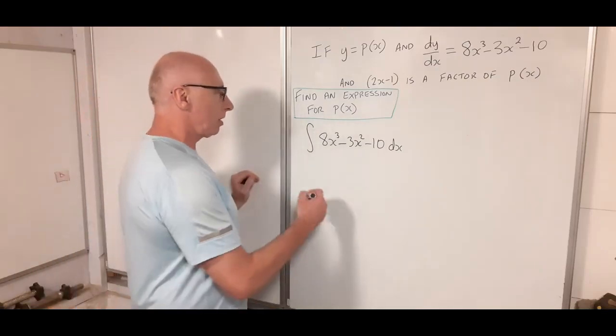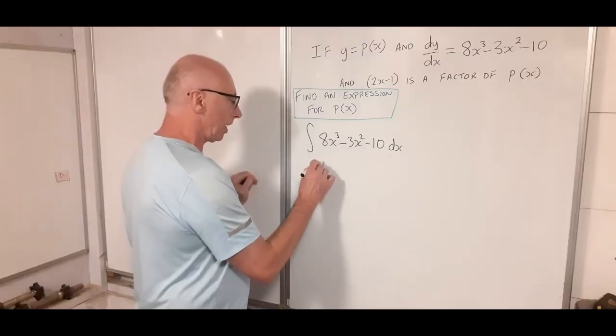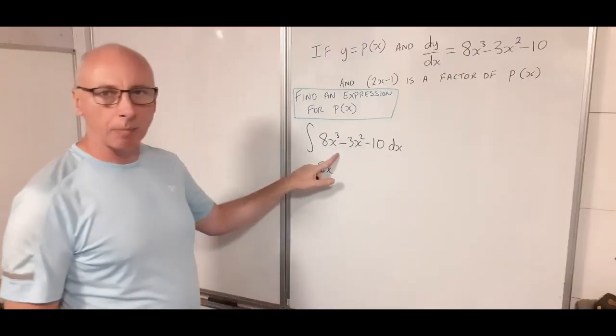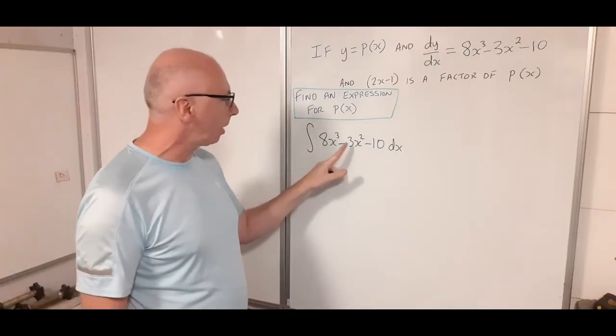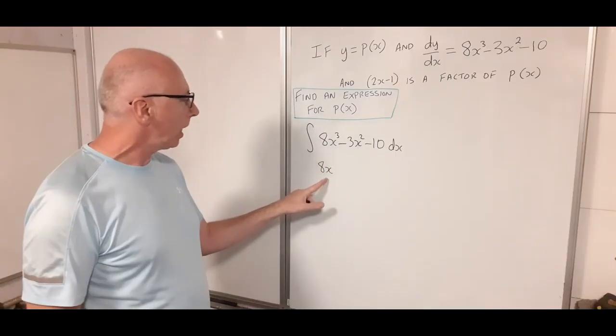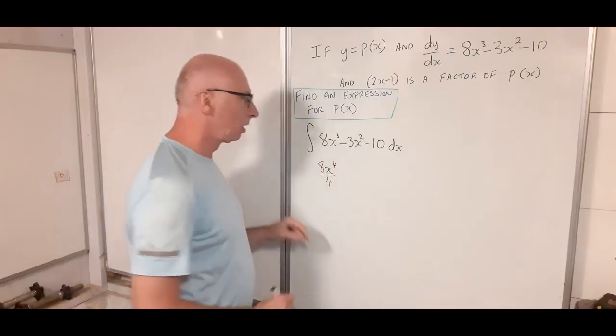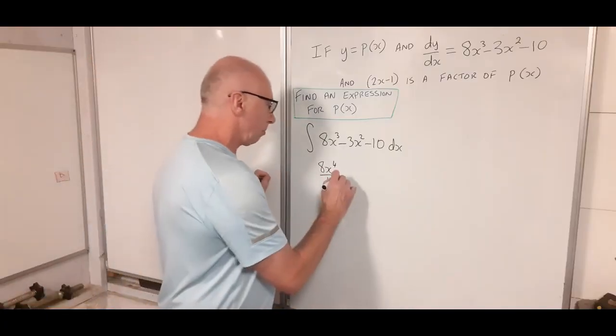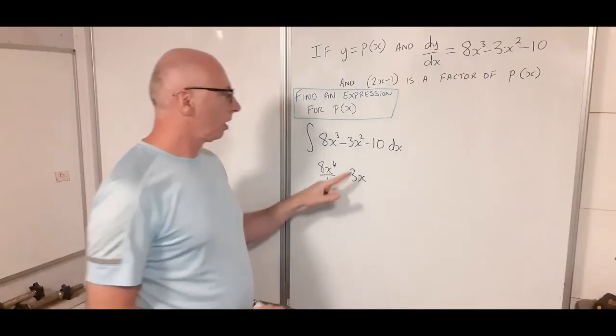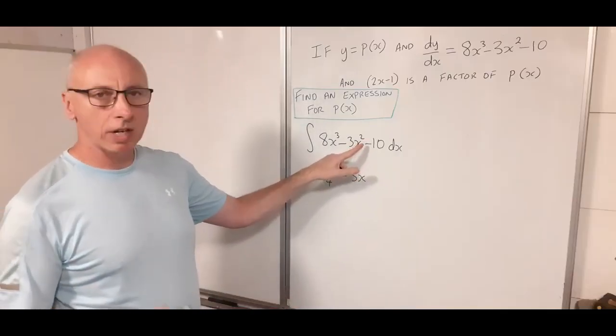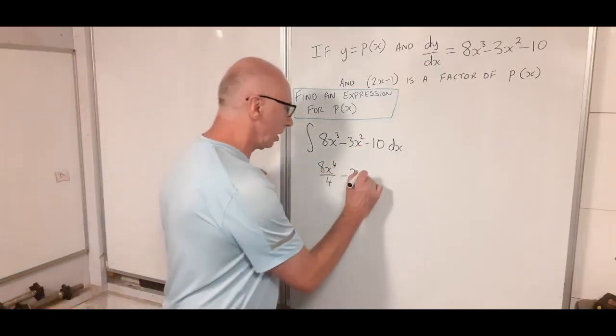So let's integrate this. Straight off, we've got 8x cubed. Raise the power by 1, it's a power rule question. 8x, 3 becomes 4, and then divide by the new power. Next one, minus 3x squared, raise the power by 1, we get to the power of 3.